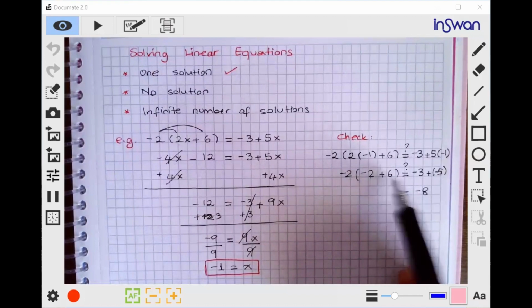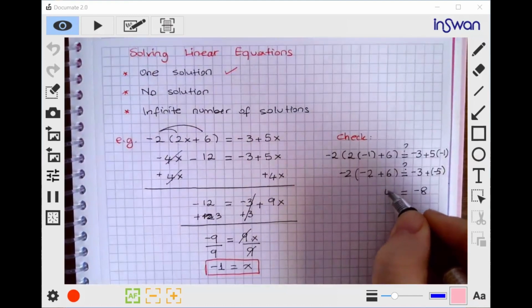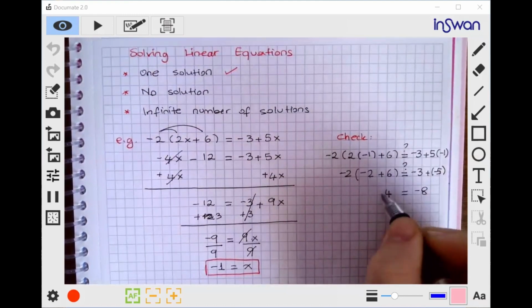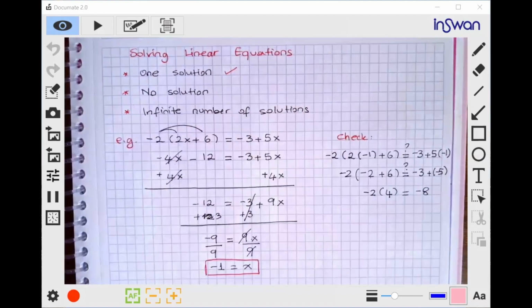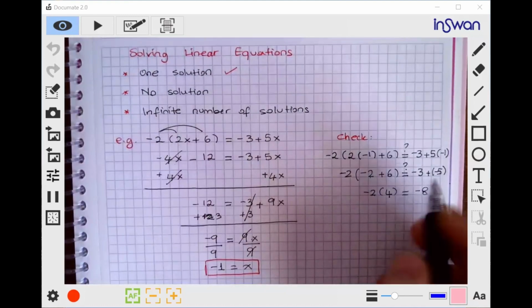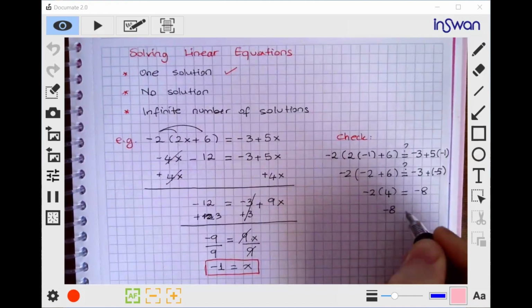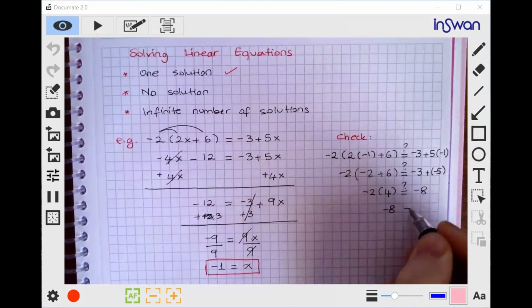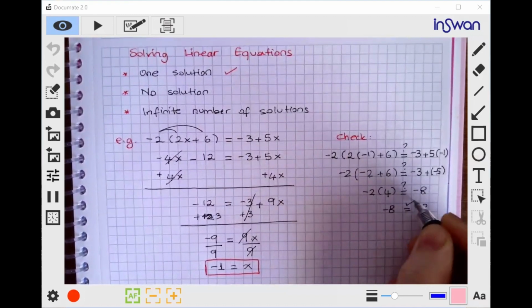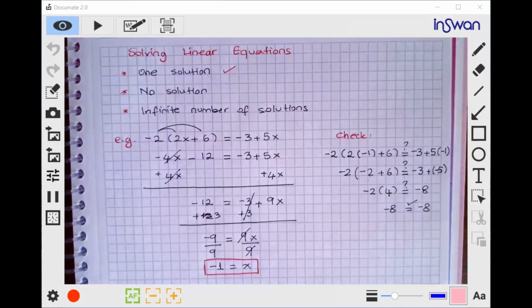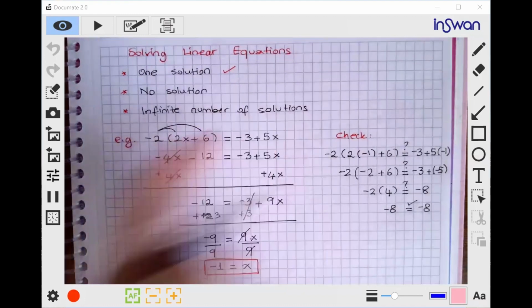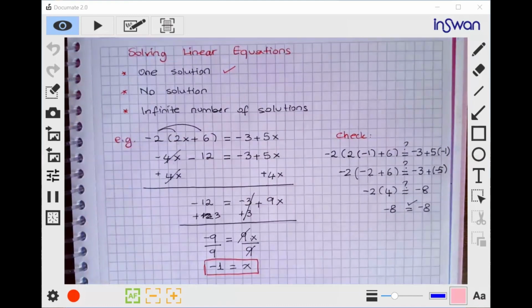And negative 2 plus 6 equals 4. So we also have negative 2 multiplied. Negative 2 times 4 is negative 8. So this actually equals negative 8, so it checks. So this is the solution to our linear equation. There is only one solution.